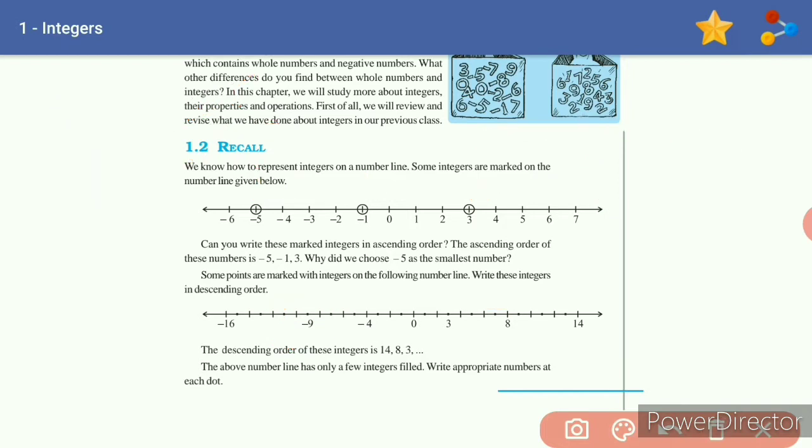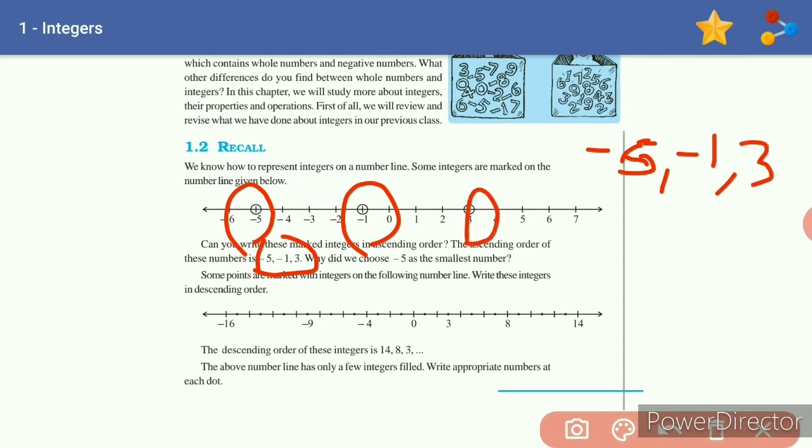So now if we have to arrange these three numbers, -5, -1, 3 in ascending order, which one is smaller? Of course -5 is the smaller one, because -5 lies in the leftmost side, and -1 is in the middle, and 3 is in the right hand side, because 3 is the bigger one in these three numbers.